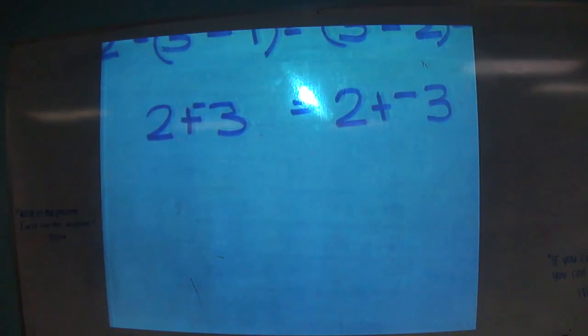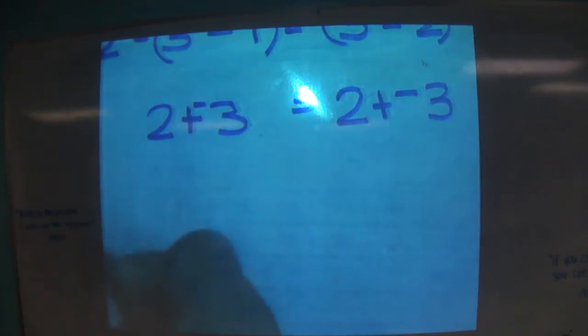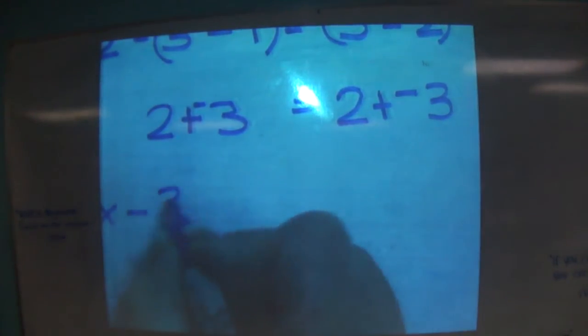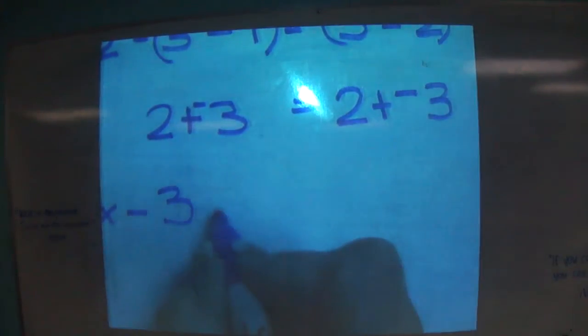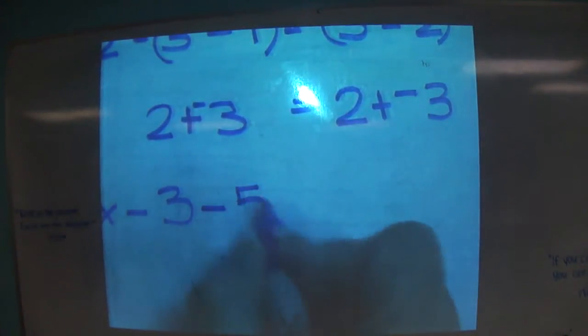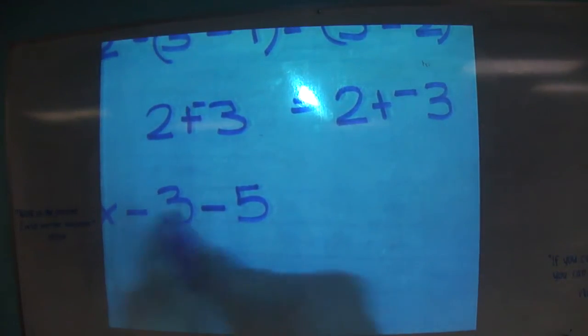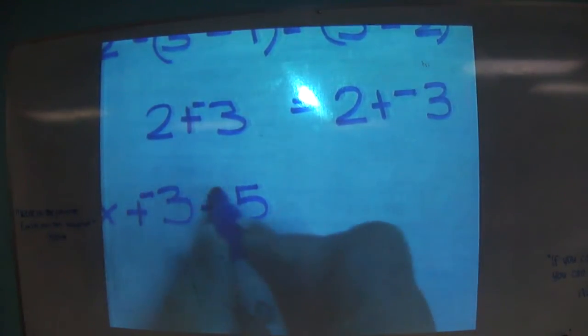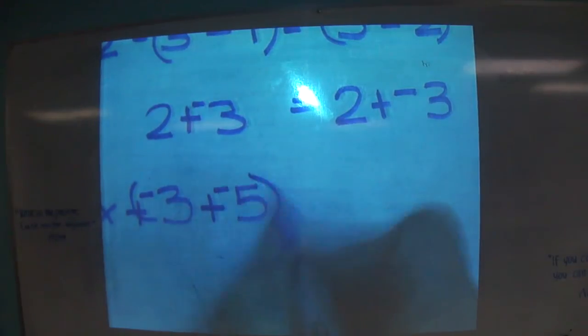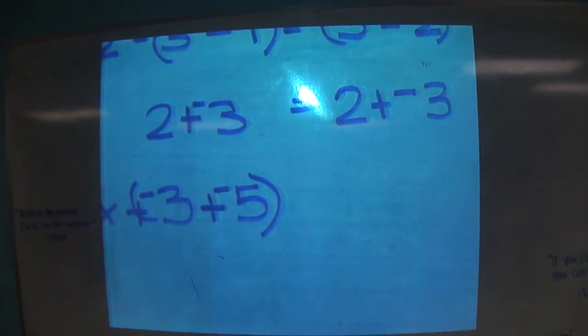If you had a problem like 2x minus 3 minus 5, and I want to associate those 3 and 5, could I do that the way it is right now? It's subtraction. No. So I'm going to have to change that to addition, and now I can associate them. We can only use the associative property with addition or multiplication.